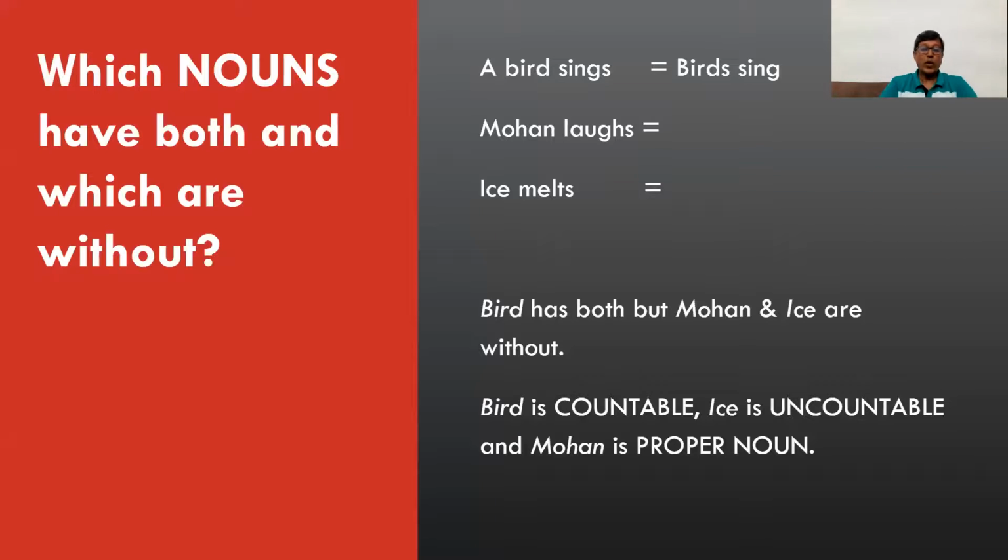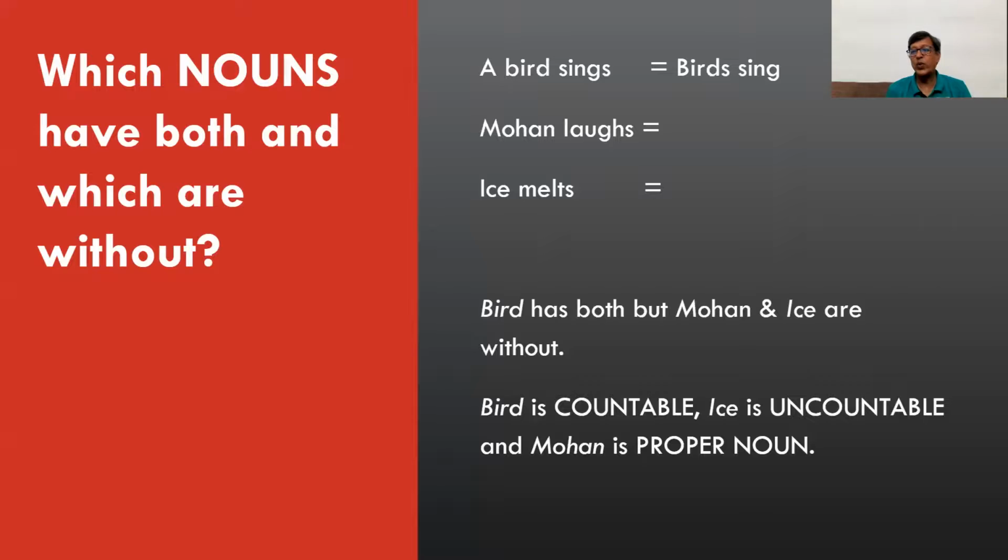So now the question is, which are the nouns which have 2 forms and which are those which have only one form? Which are those which have S and without S? And which are those which have only one form? There is no S form, whatever you call it. I'm using S form because I'm not giving you the technical names.